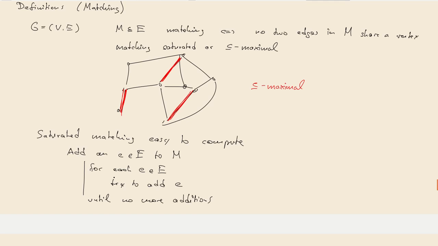There's certainly a way to do this a bit more efficiently by using data structures, but conceptually a saturated matching is a very, very simple thing.